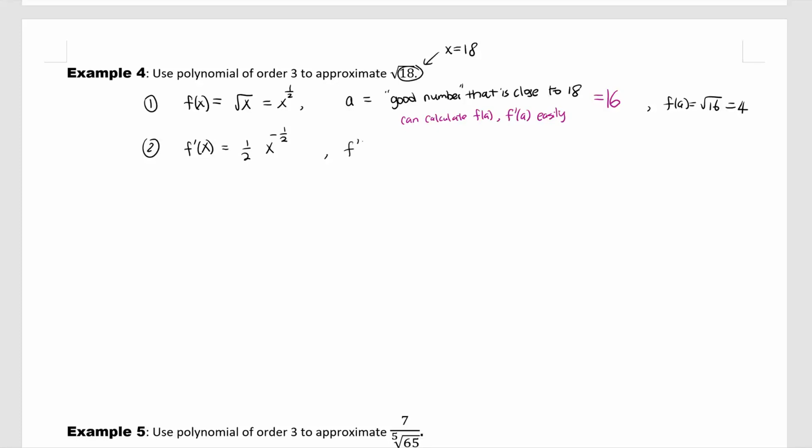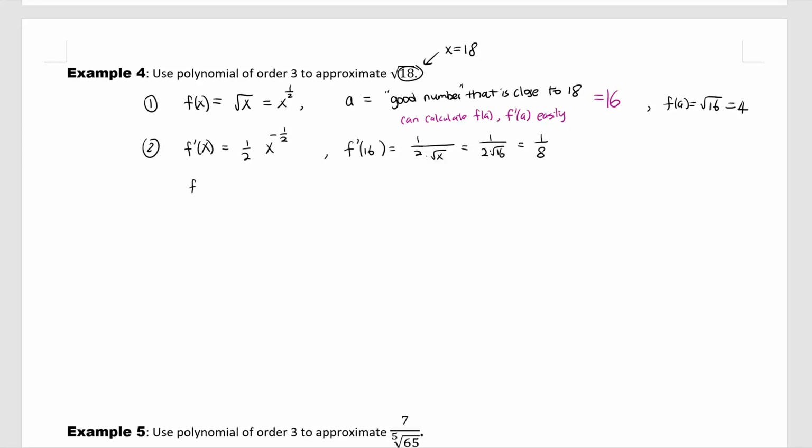What's f prime of a? A is 16, so we have 1/2, and x stays in the denominator. So 1/2 times square root of 16, which is 4, so 1/2 times 4 is 8, meaning 1/8.